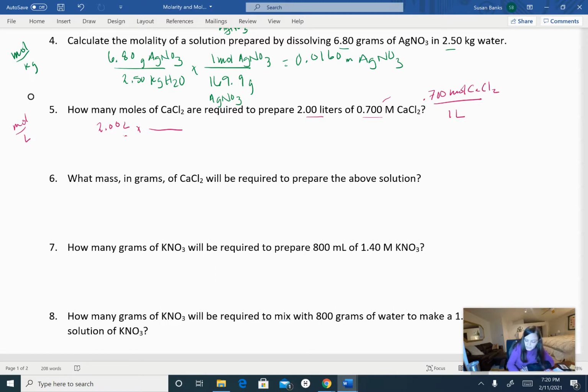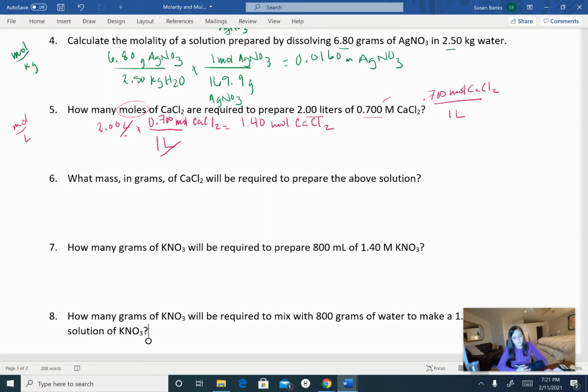So because I want to cancel out the liters, I'm going to put liters on the bottom. So 1 liter of that solution will have 0.7 moles of calcium chloride in it. Okay, so my liters cancel out, and I'm left with moles, which is what I want, of calcium chloride. So 2 times 0.7 will give me 1.40 moles of calcium chloride that I would need to make that solution.